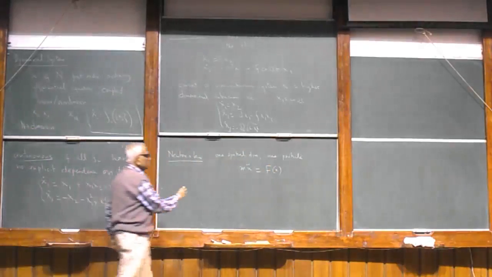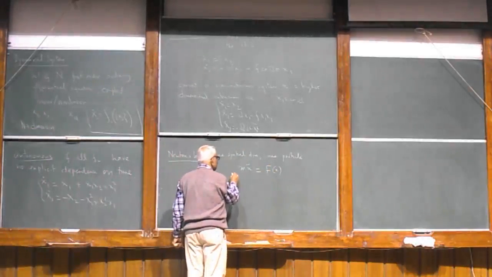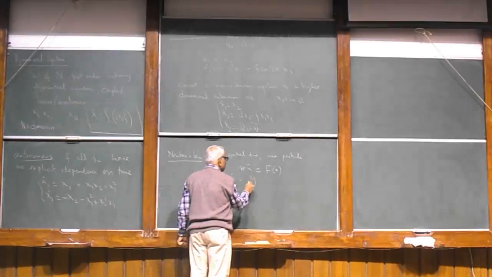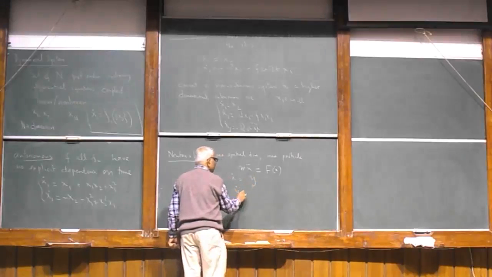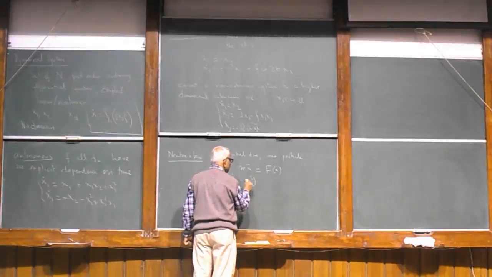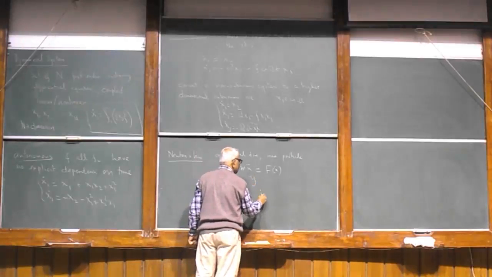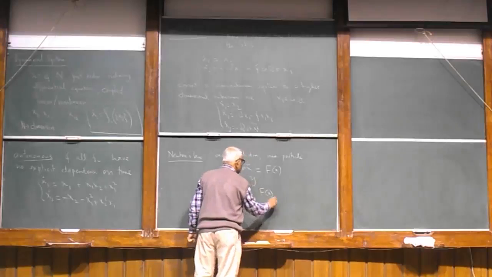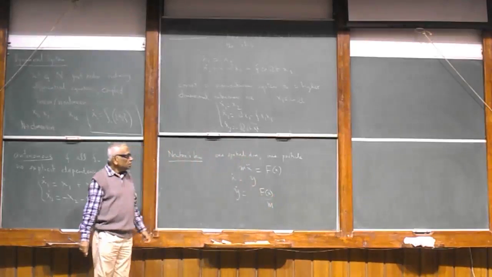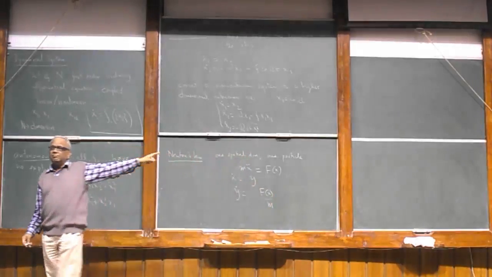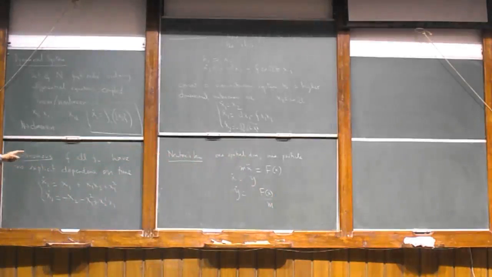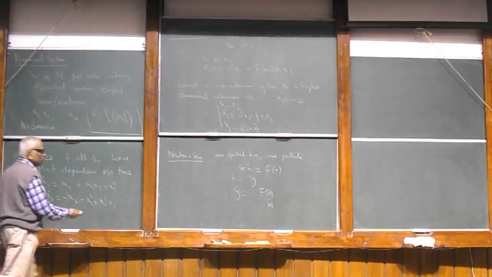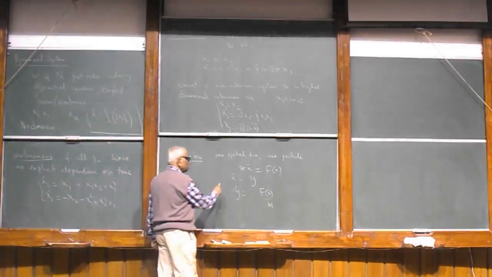So I can write this as x dot is equal to y, and y dot is equal to f of x divided by m. I can take a second order differential equation, which is what Newton's law is, and write it as two first order differential equations.